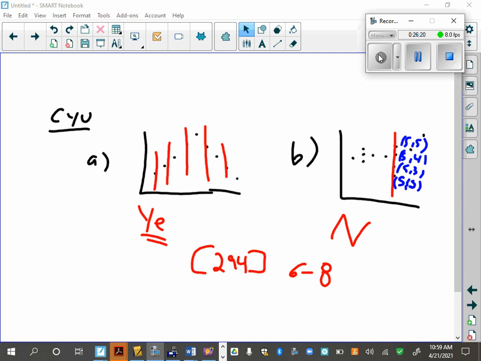Okay, go to page 30. Do the next 4. Yes or no? Is it a function?